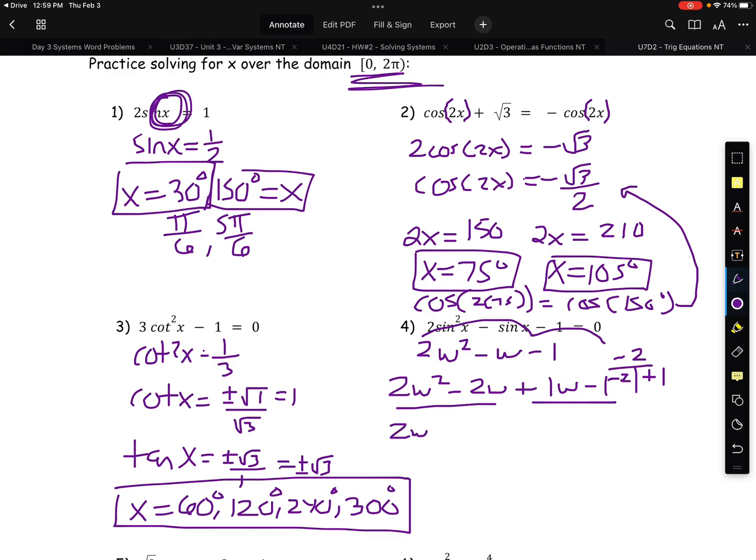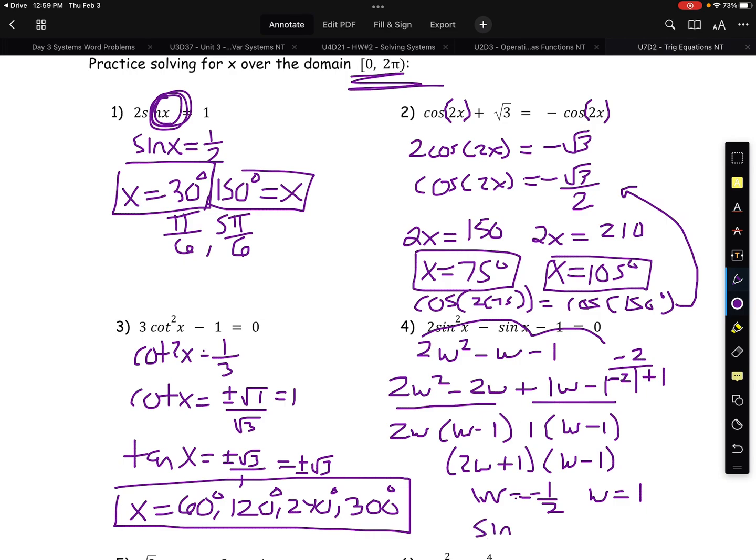Group. Take out 2w, w minus 1. Take out a 1, w minus 1. So I get (2w plus 1)(w minus 1). So w equals negative 1/2, w equals 1.